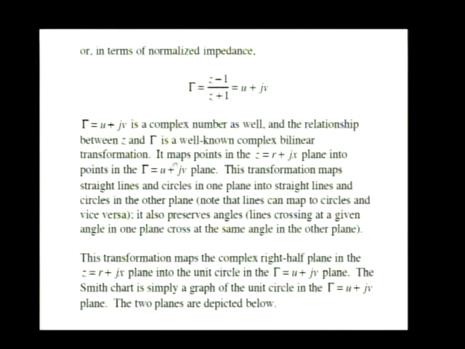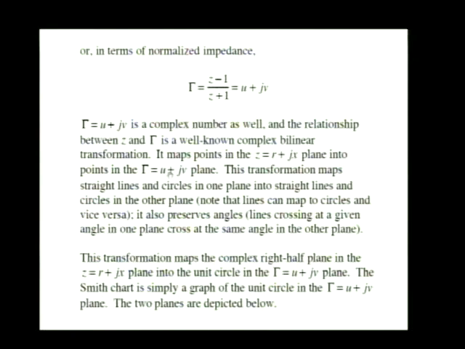And one property that a mathematician can prove is that any complex bilinear transformation always maps straight lines and circles in one plane into straight lines and circles in the other plane. That is to say, if you had a straight line or a circle in the z-plane, you're going to get either a straight line or a circle in the gamma plane.